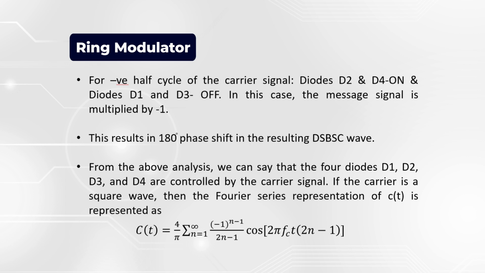From the above analysis, we can say that the 4 diodes D1, D2, D3 and D4 are controlled by the carrier signal.